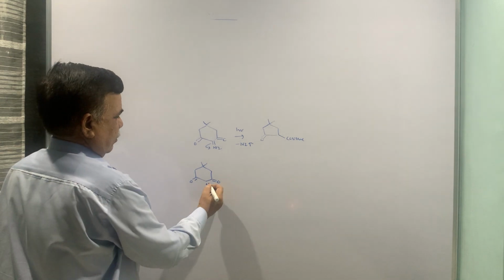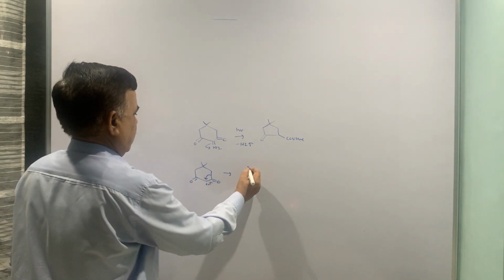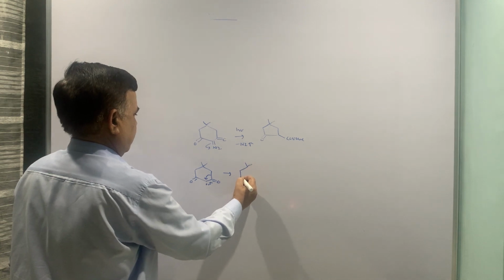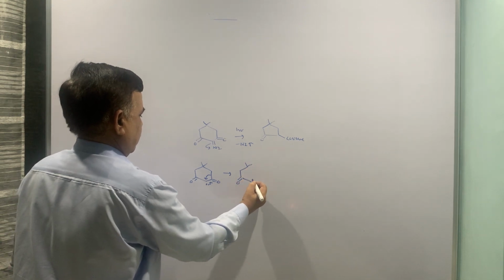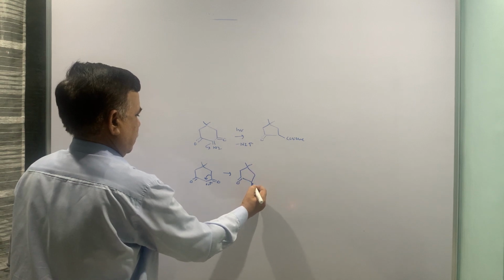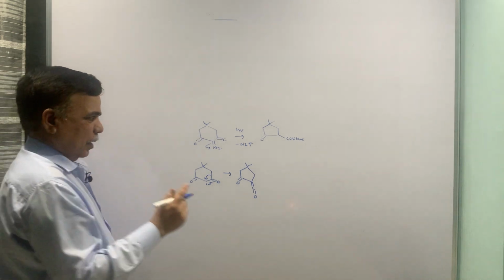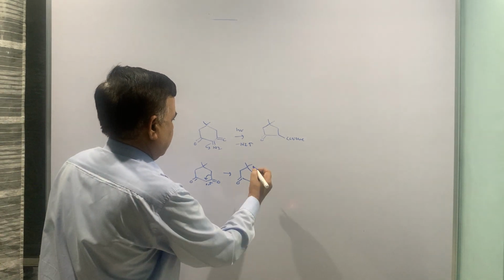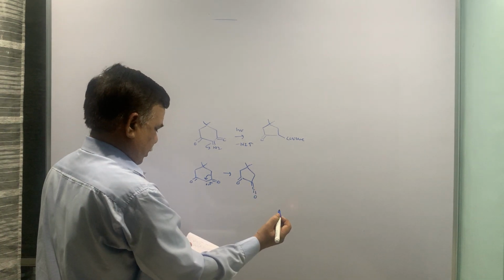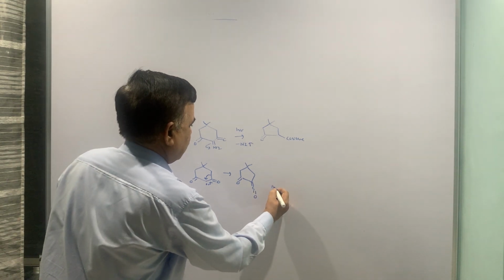When this comes back, this should come here. So there is a ring contraction happening. After this you have to add, say maybe methanol, so you are getting the ester.